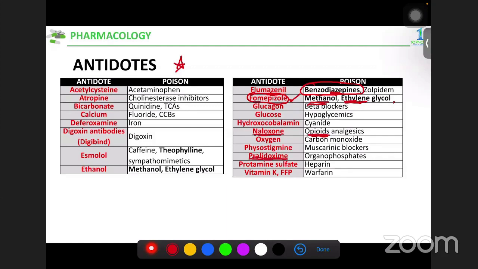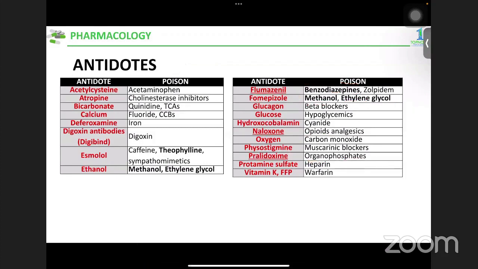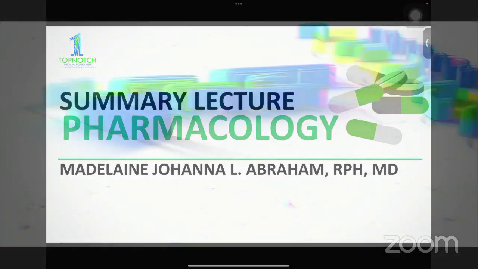Pralidoxime, again, for your organophosphate toxicity. Mechanism ulit to, acetylcholinesterase regenerators. So, kung napapansin nyo sa antidote, ang dami na natin discuss kanina, di ba? Kasi it's a commonly asked question in the boards. And aside from antidotes, of course, remember the adverse effects. So, yun ang recent.